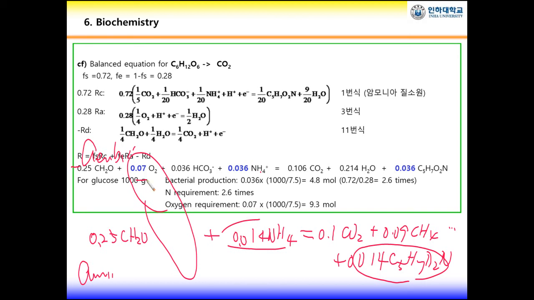In the aerobic case, you have to add oxygen, right? On the other hand, no electron acceptor is required for the anaerobic case. So this is a big difference. In the aerobic case, you have to supply oxygen to the liquid, and actually supplying oxygen to the liquid is not an easy job.